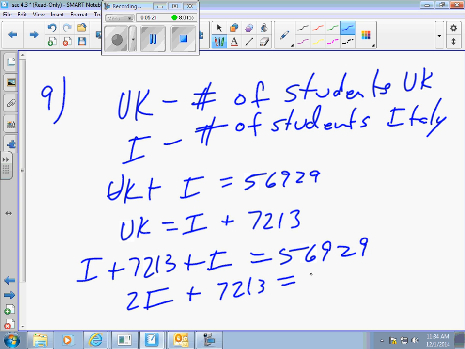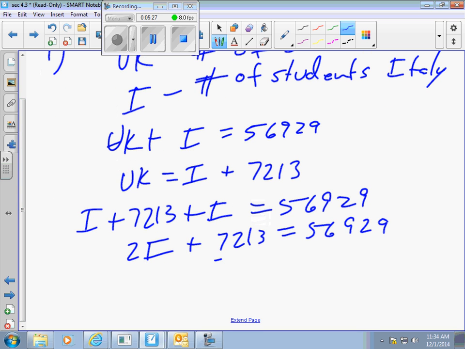2I plus 7213 equals 56,929. And if I subtract 7213, I get 2I equals 49,716.